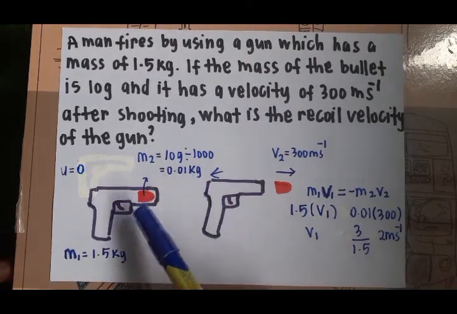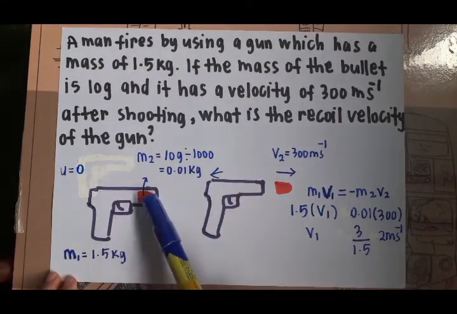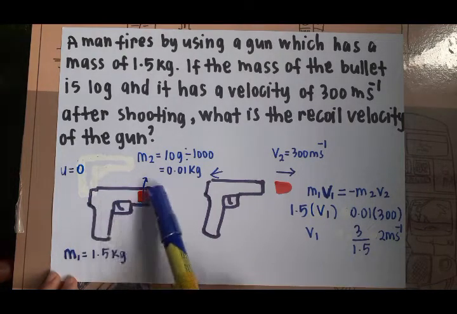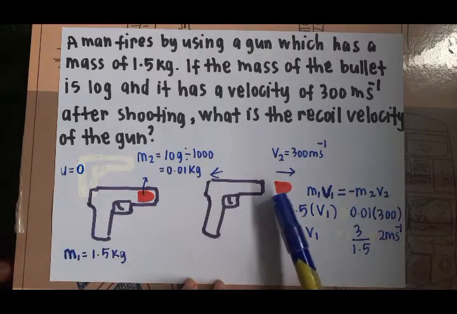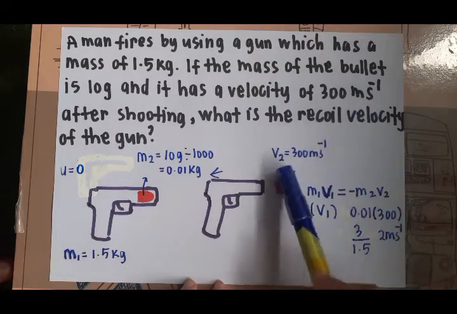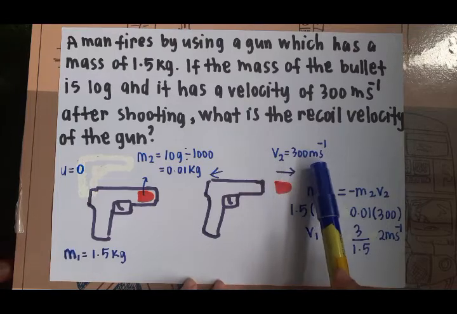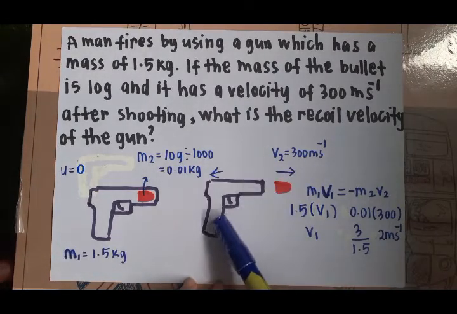Okay, so at first, we have the gun and the bullet stuck together, and they are staying at rest. So the initial velocity for both objects is 0. And then after shooting, the velocity of the bullet is 300 meters per second. So we label it as V2 equal to 300 meters per second. And we need to find the velocity of the gun.